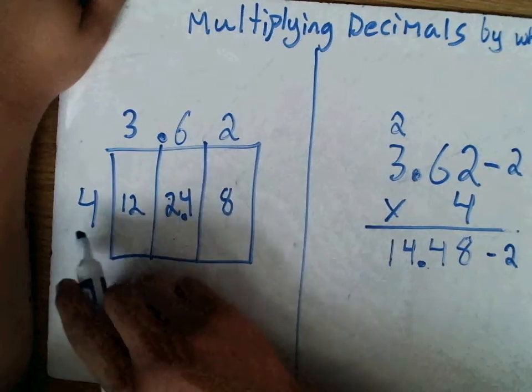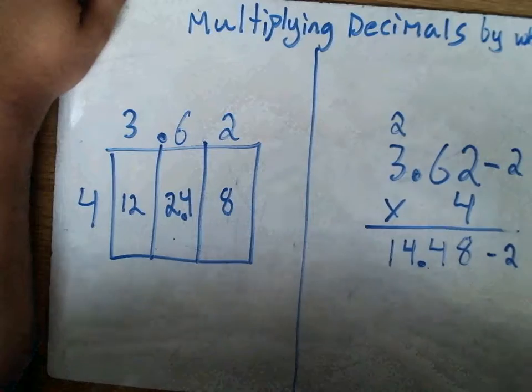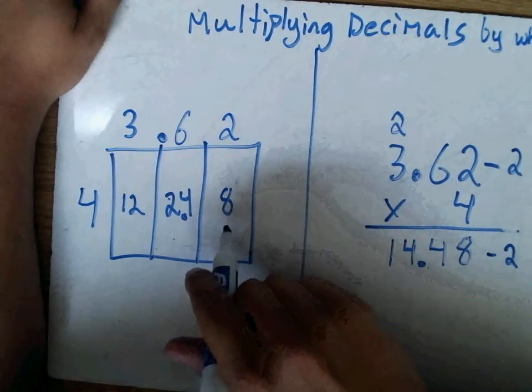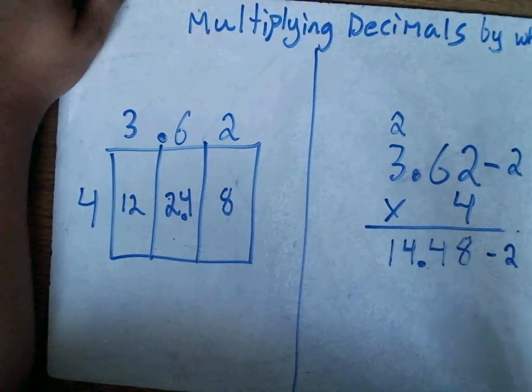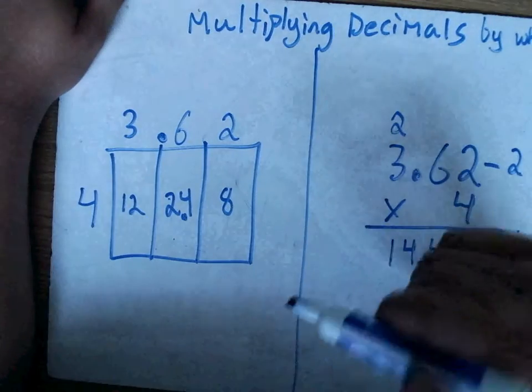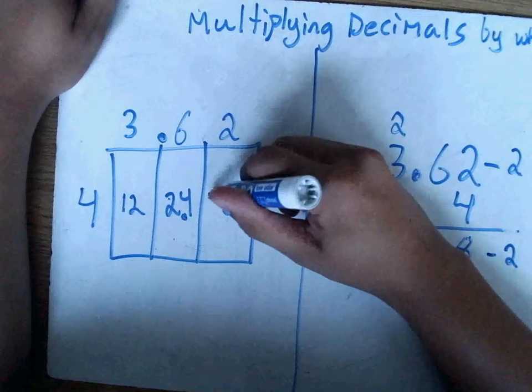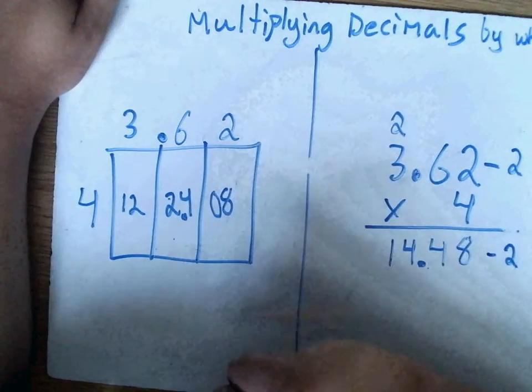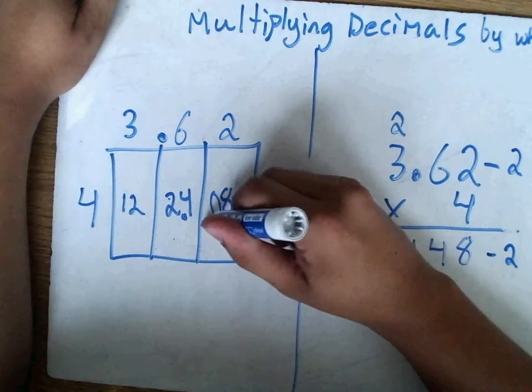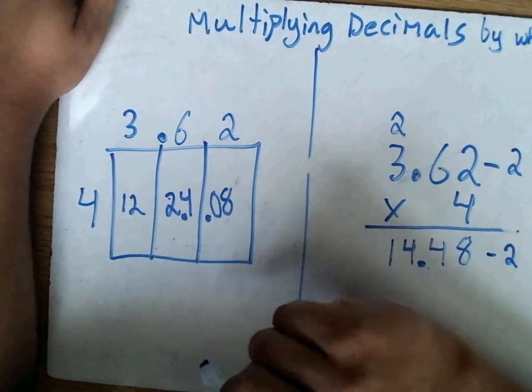But here we're multiplying a whole number by a hundredths, so if we notice the pattern, this is going to have to go to the hundredths place. Now, to make it go to the hundredths place, you are going to need to put a 0 in front of that and then place your decimal, right?